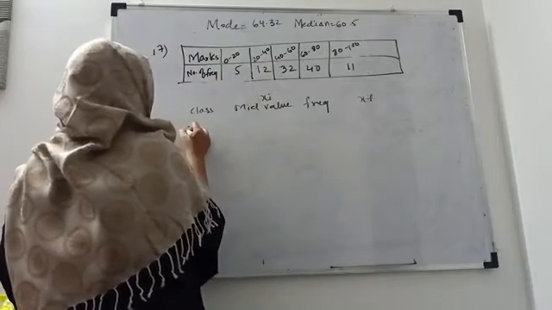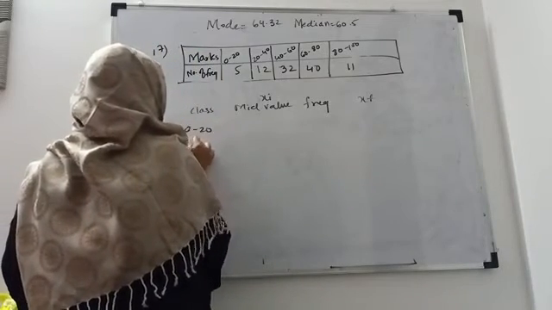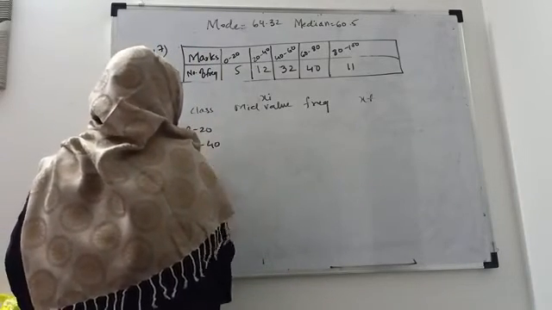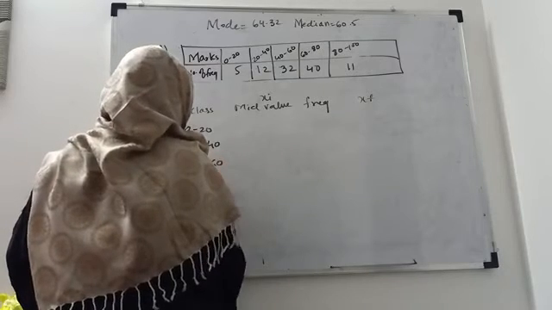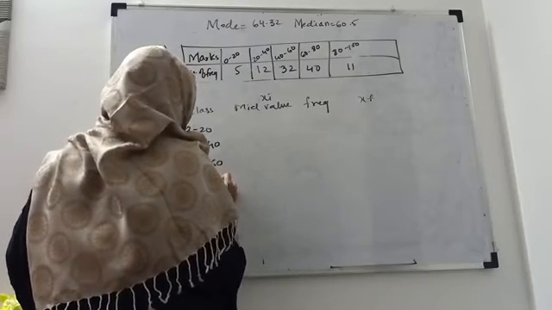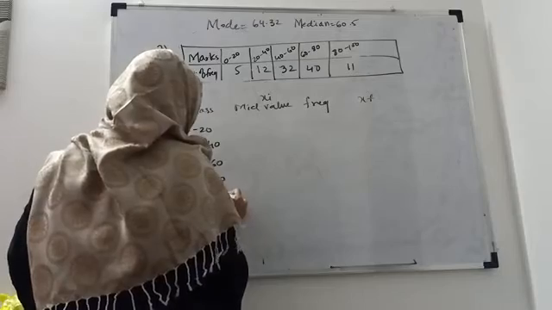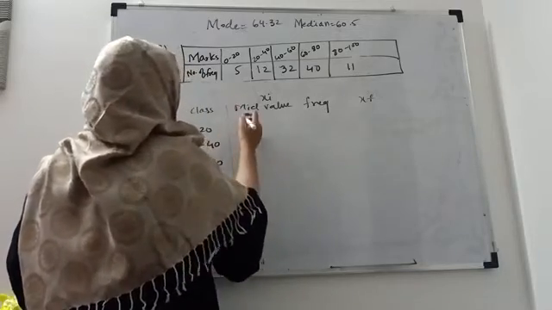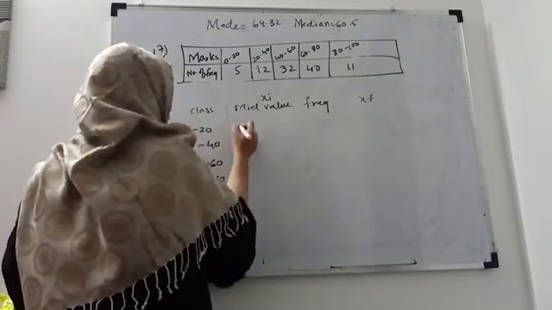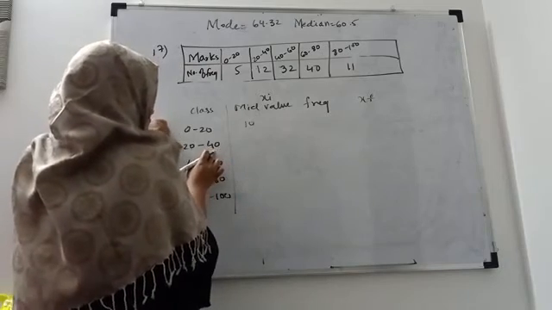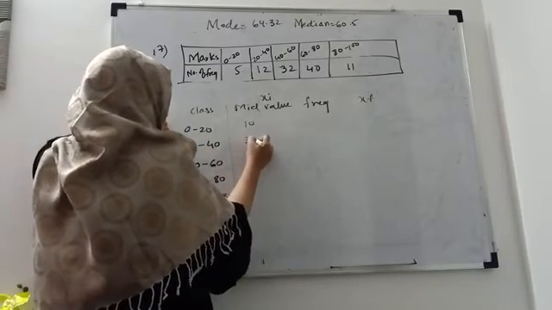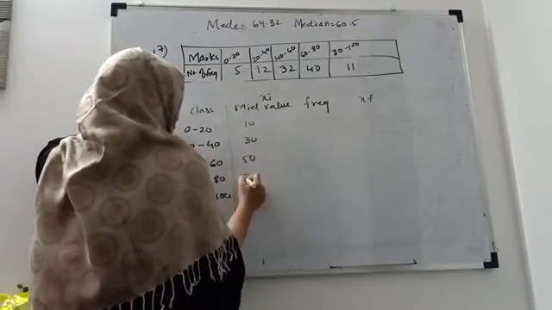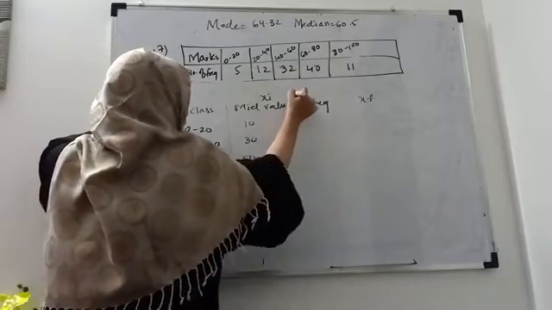So the classes are 0 to 20, 20 to 40, 40 to 60, 60 to 80 and 80 to 100. Mid values are 10, 30, 50, 70 and then 90.